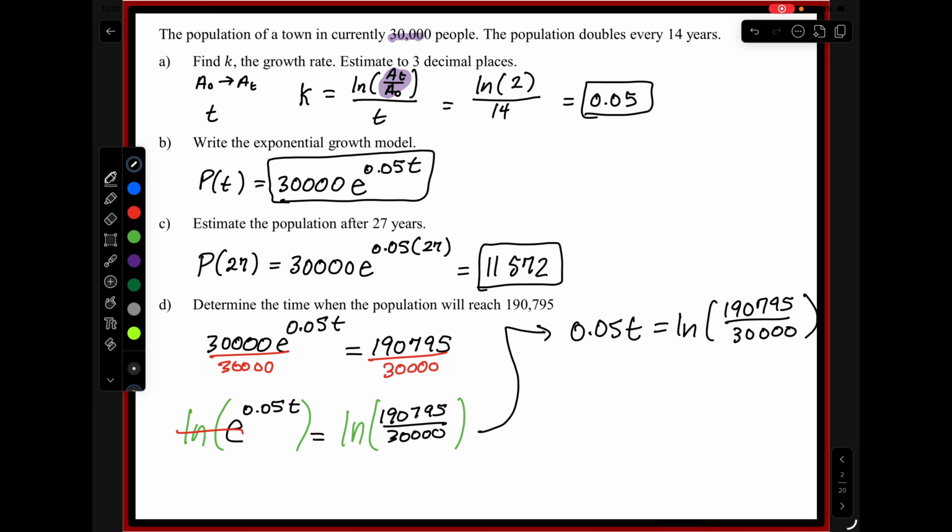And the only thing left to do is to get rid of the 0.05 in front of the T. Since we're multiplying, we'll divide by that. So all of this gets divided by 0.05. So here is our answer. T is equal to the natural log of 190,795 divided by 30,000, and all of that divided by 0.05.